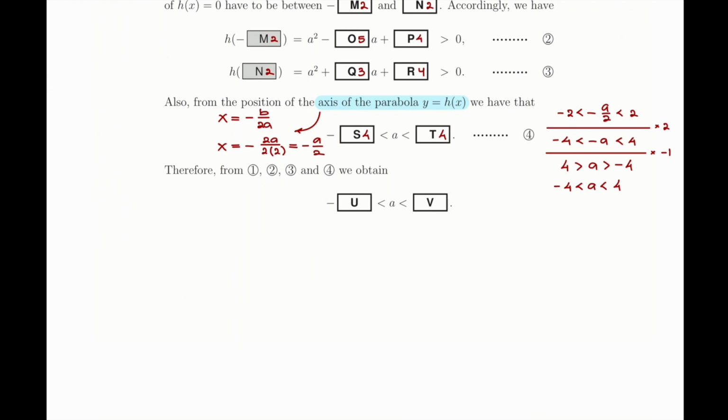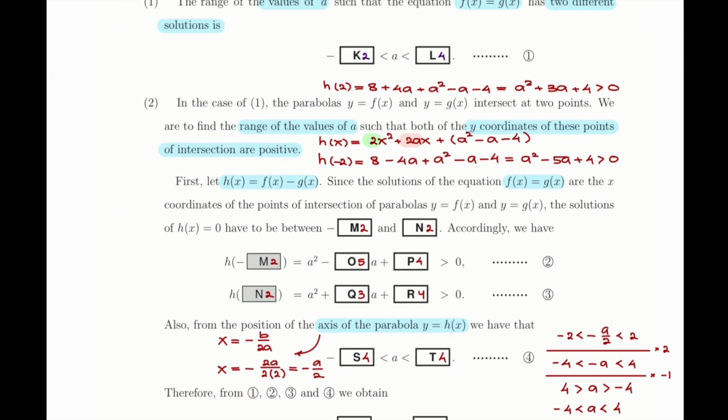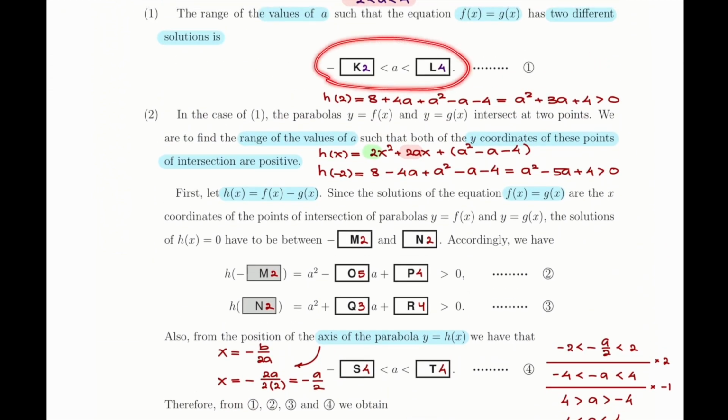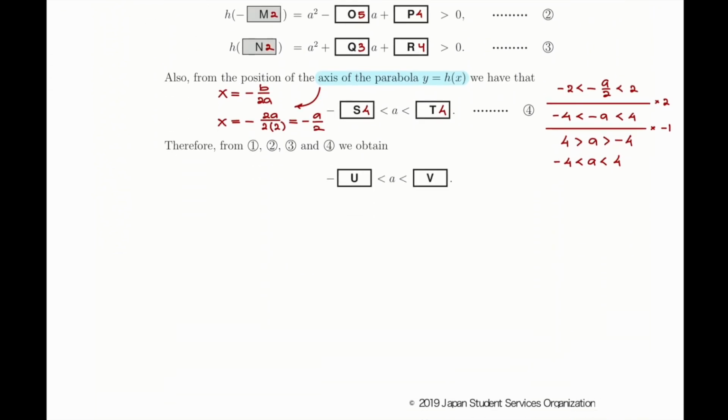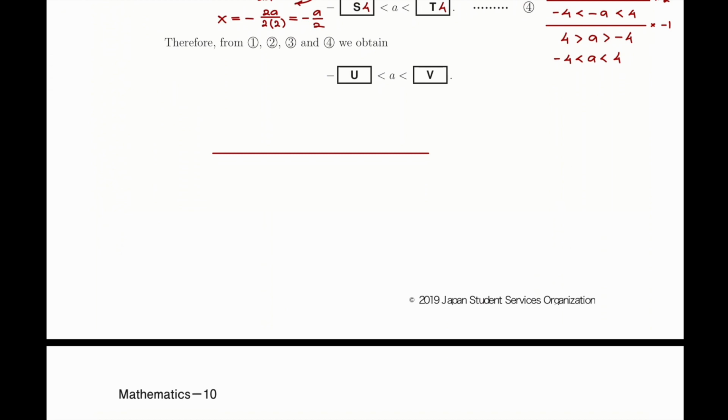Then, therefore, from 1, 2, 3, and 4, we obtain the range of a. 1 is between negative 2 and 4. So I will draw a number line here. Negative 2 until 4.